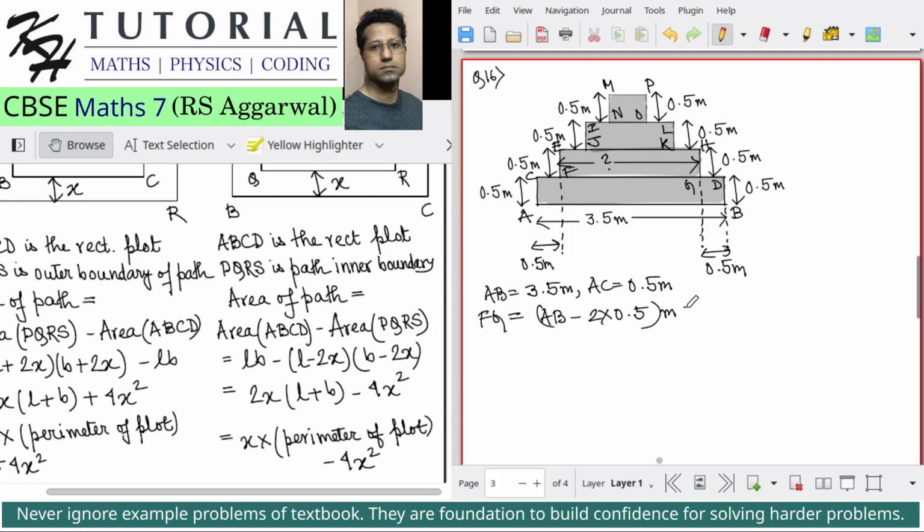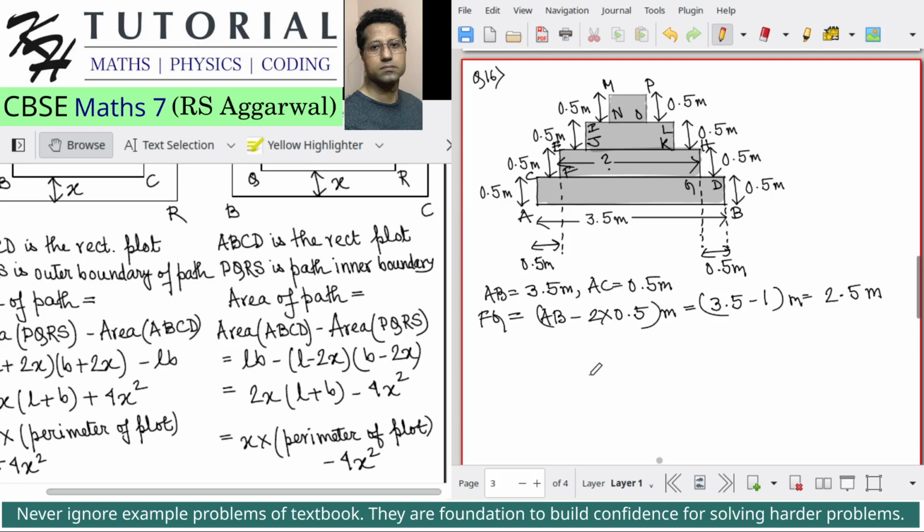So this is equal to, what is AB? AB is 3.5 minus 1 meter, which is 2.5 meter.